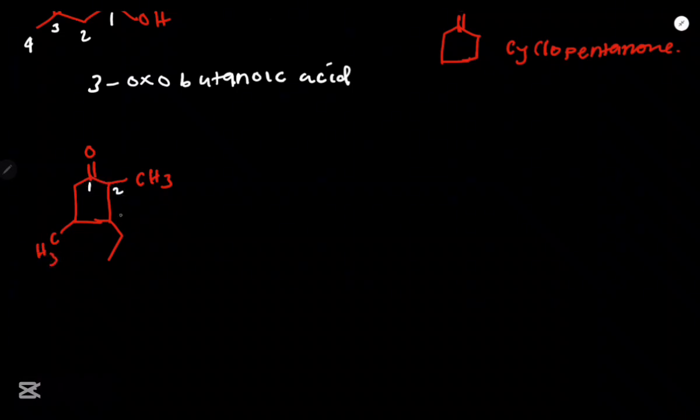Carbon 1, carbon 2, carbon 3, carbon 4, carbon 5. So side groups on carbon 2 we have a methyl, and then 3 ethyl, it's an ethyl group, and then 4 methyl.